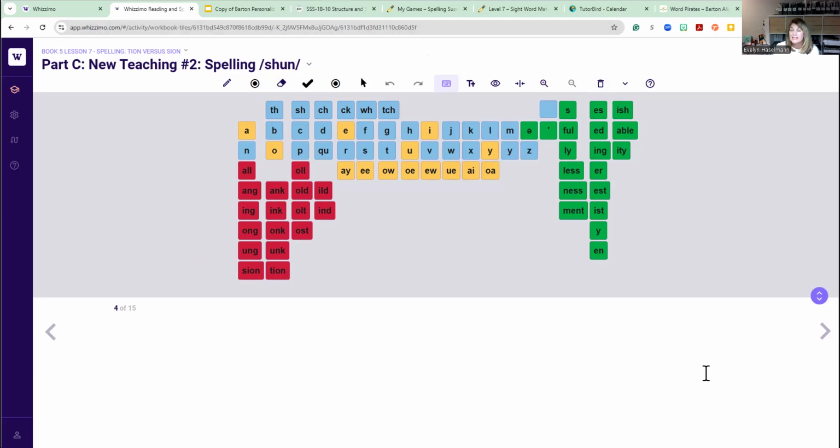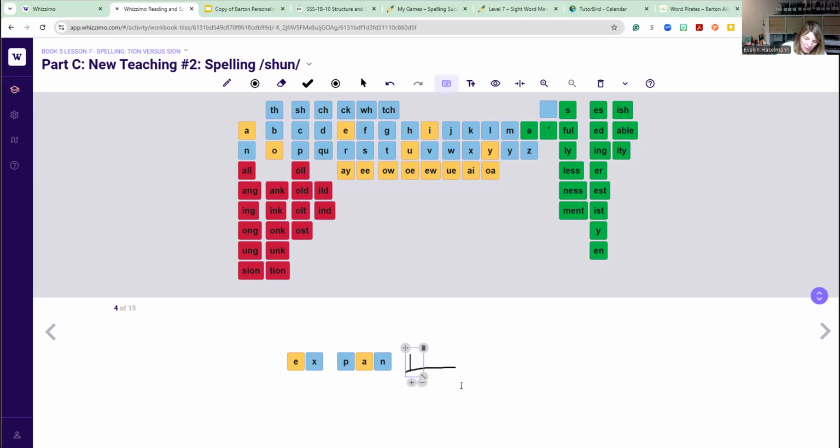Okay, let's do the next word. The next word is expansion. Okay, we're going to spell the first two syllables. X, pan. Okay, so herein lies our problem because we're back right up against an N and it sounds like shun. So I don't know. It could be SION, it could be TION. So again, I'm going to type it in. I'm going to look it up.